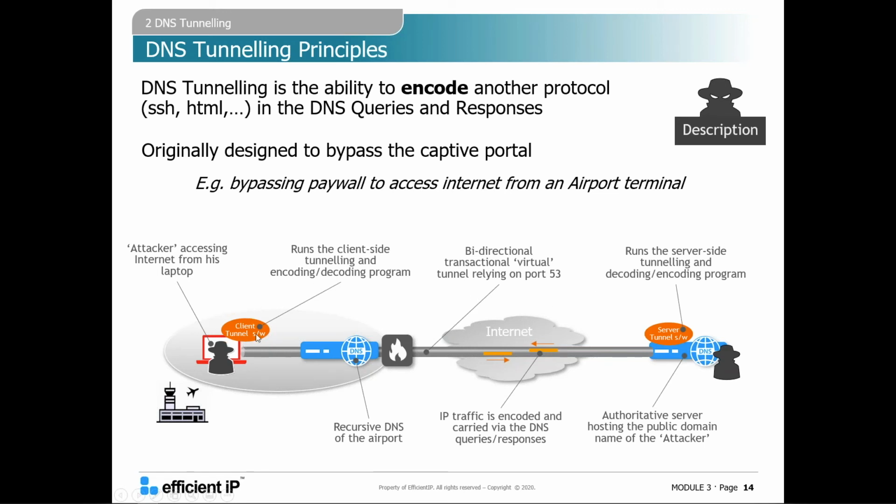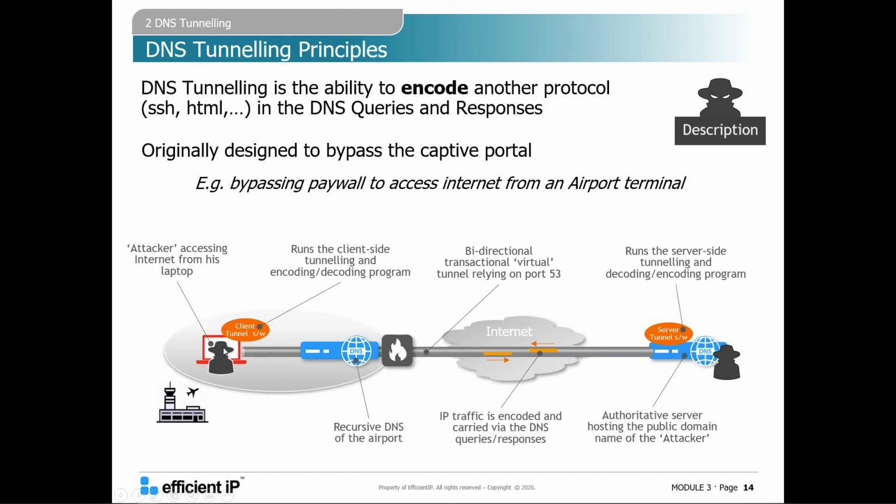So this client, the attacker accessing the internet from his laptop, creates a tunnel using DNS queries to this DNS server, and this DNS server, acting as a recursive DNS, will perform its job properly by doing a recursive lookup. And the zone that this attacker provides is pointing to its own DNS server hosting that particular zone, which then translates that packet into web traffic, for example.